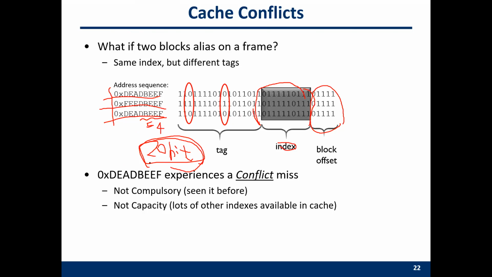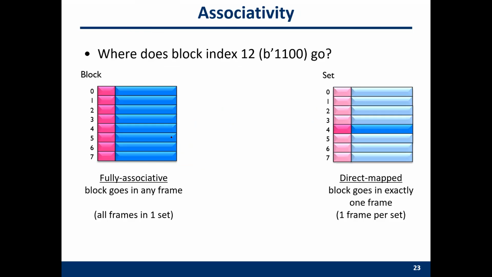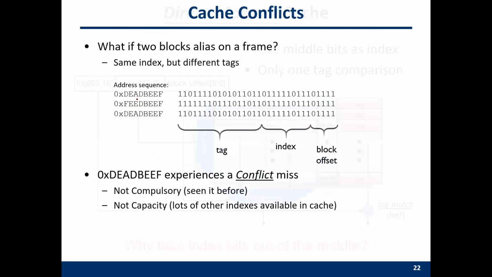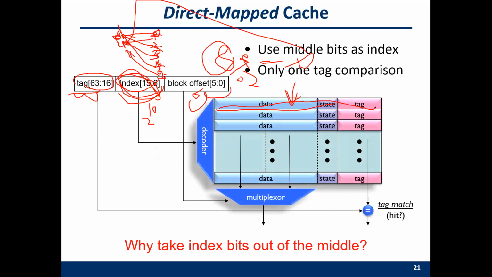In this case, we will have a lot of conflicts. Although we have enough memory capacity here, these 3 addresses will be mapped into the same location. So they will have conflict. Even if all the other cache locations are empty, we cannot store the data in those locations in a direct mapped cache.